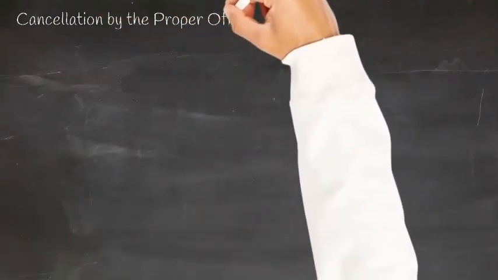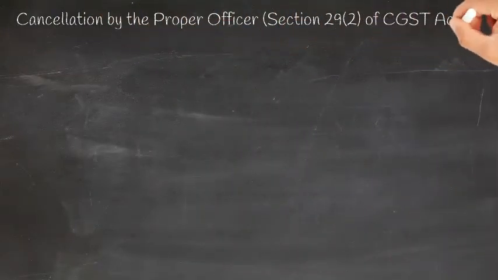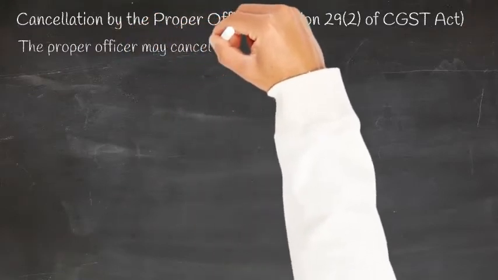Cancellation of GST registration by the proper officer, section 29 subsection 2 of the CGST Act.